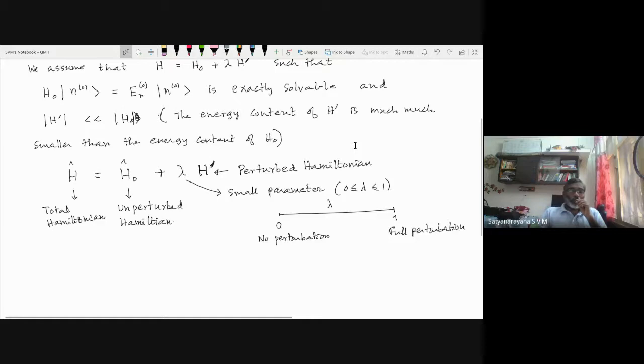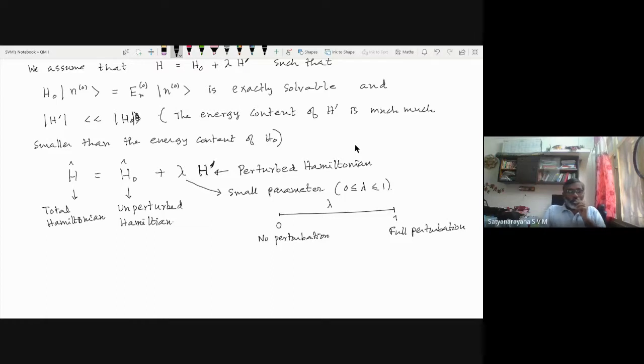Now, what is our situation? The situation is we can solve the eigenstates and eigenvalues of the unperturbed Hamiltonian, but we cannot solve the eigenstates and eigenvalues of the total Hamiltonian.